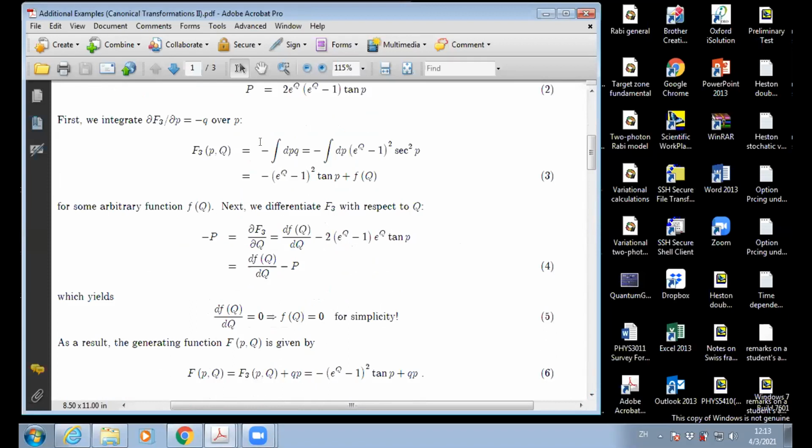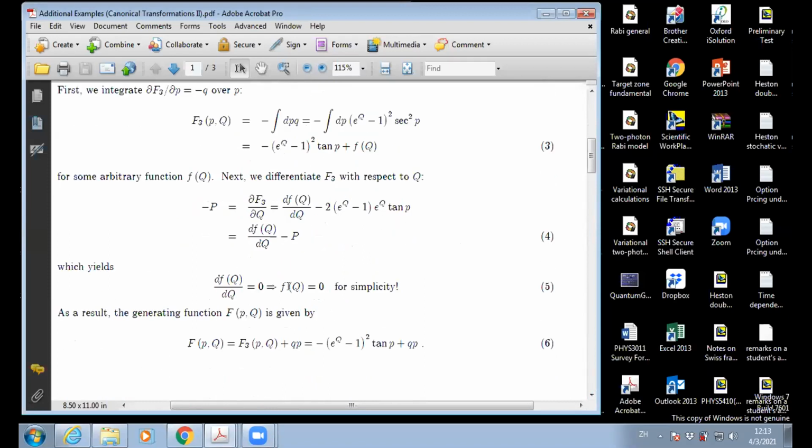And then we differentiate with respect to capital Q, which will give us minus capital P. So we have this and compare both sides of the equation. It tells us that the F of Q equals 0 for simplicity. Now this is F3, okay? Keep this in mind, this F3.